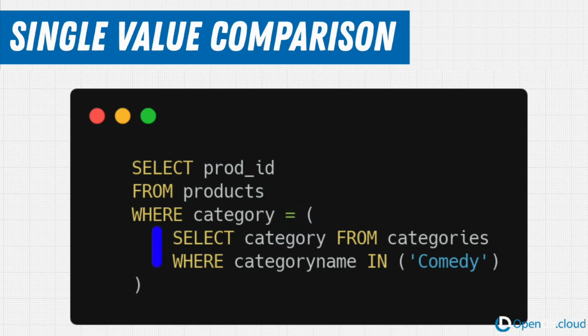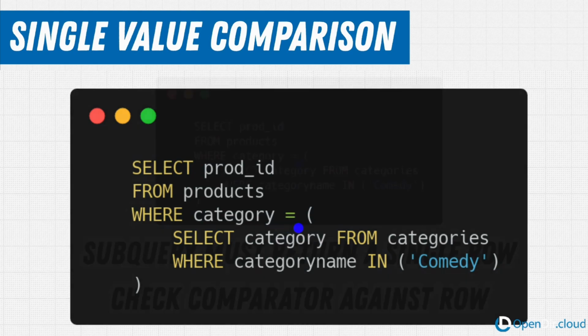Here you see a very, very redundant subquery where we're just basically saying, hey, I don't know the number for the category comedy, so let me run a subquery and let me just get a single row back that is against comedy because I'm too lazy to look up the number basically. But in any case, the subquery must return a single row for this to work. If it returns multiple rows, the query will complain.